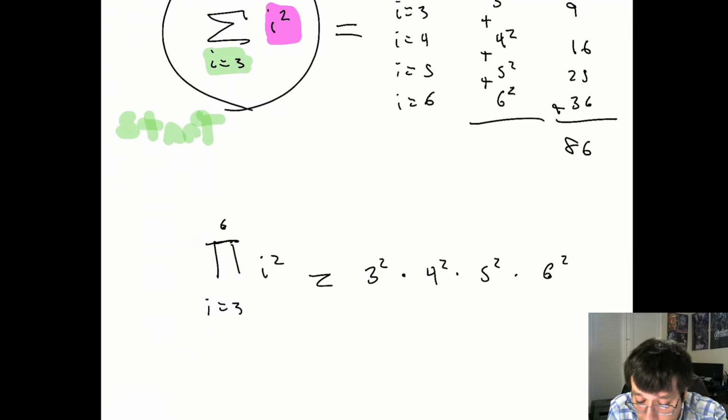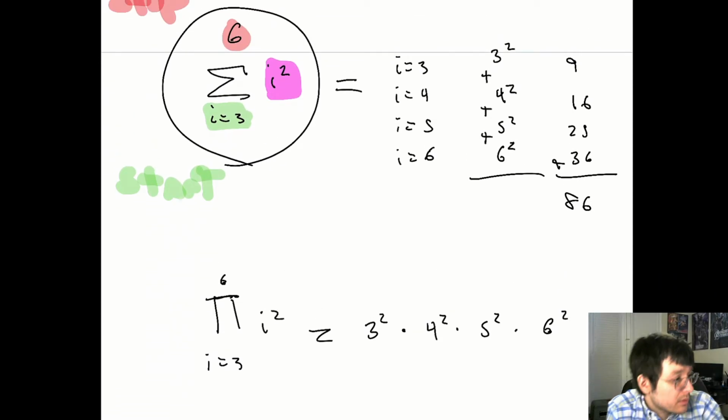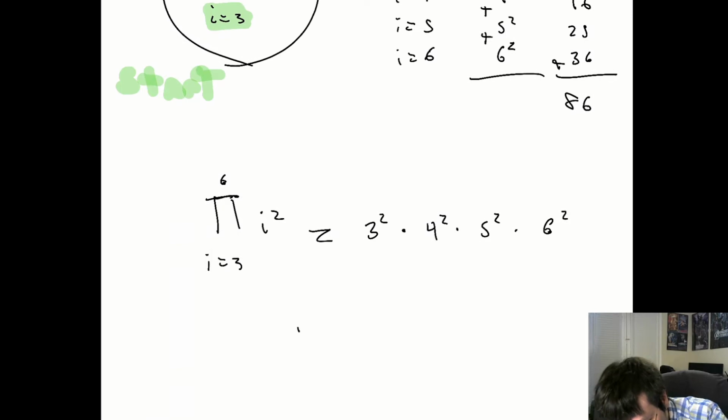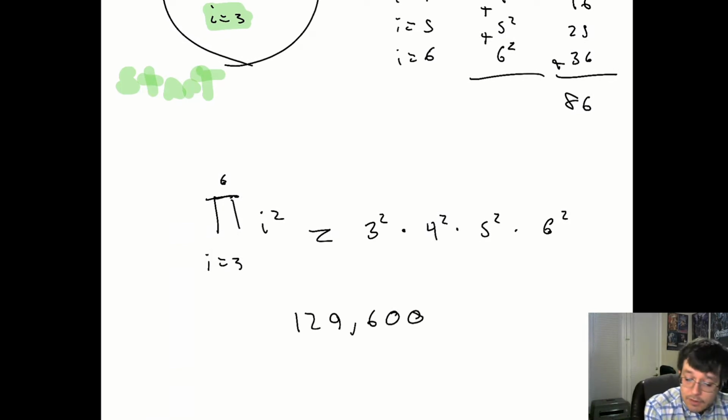So what would that be equal to? Oh, well, I don't know. I have to plug that in. Let's see. 9 times 16 times 25 times 36 is equal to 129,600. I like that number. It's nice. I don't know why. Okay? So that's what that would be equal to, right?